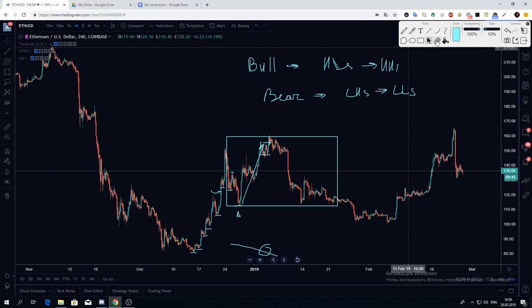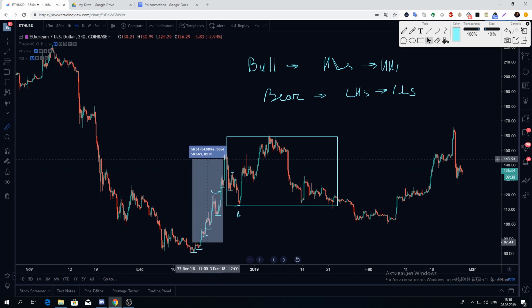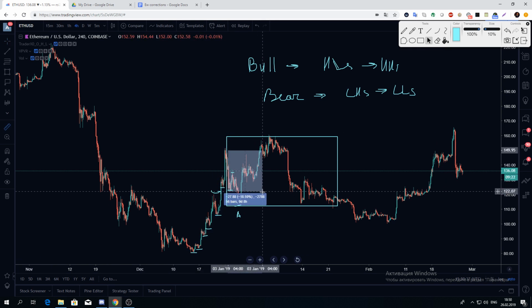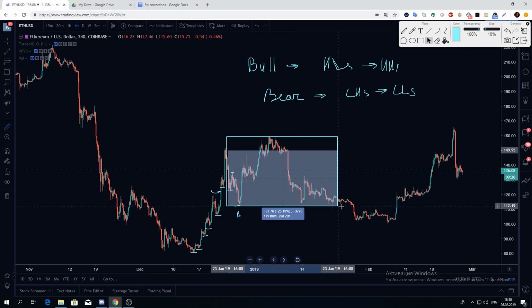Experienced traders, when dealing with range, expect the range to continue, and I use my general rule of thumb of 3 times the amount of time in a previous trend to be spent within a correction. So here we have 9 days of a trend, so I would expect 9 times 3, 27, at least 27 days to be done.